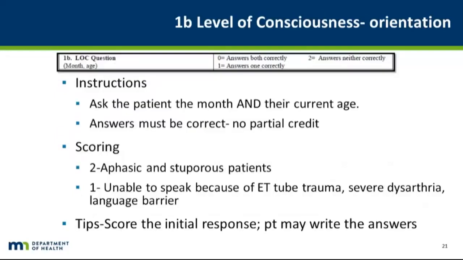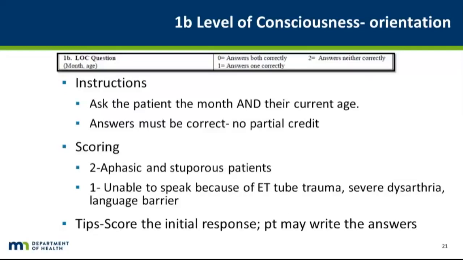For the second sub-element of level of consciousness, 1B, this is assessing orientation. There are 2 questions involved. Ask the patient the month and their current age. The answers must be correct and no partial credit can be given. Other questions are not asked here as this is a standardized assessment.